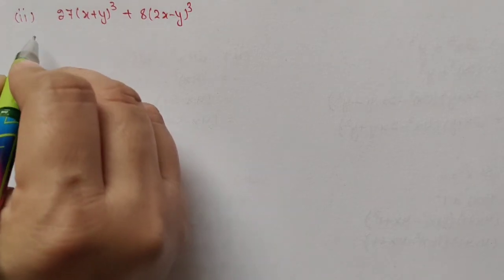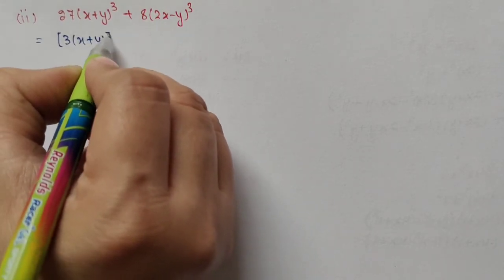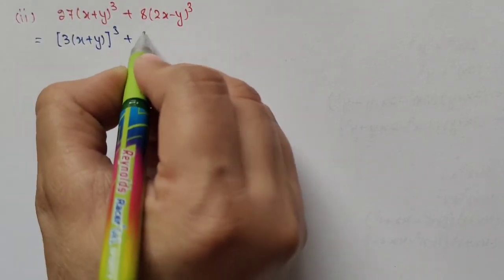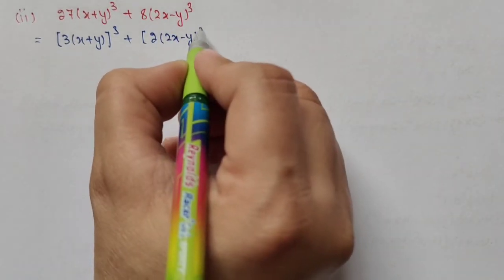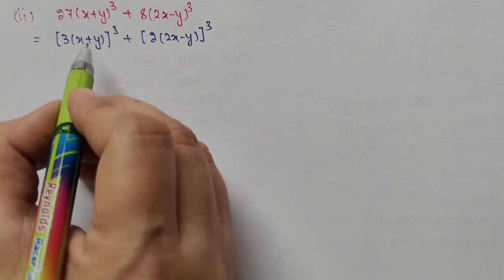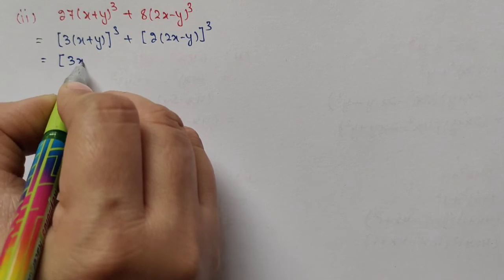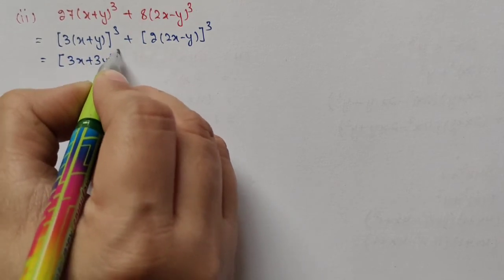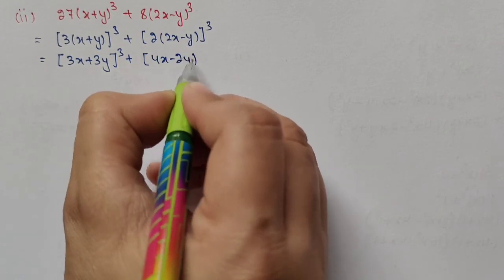Second part, we have 27(x + y)³ + 8(2x − y)³. So this we can write as (3x + 3y)³, and this we can write as (4x − 2y)³. We can multiply inside the bracket, so we write it as (3x + 3y)³ and this as (4x − 2y)³.